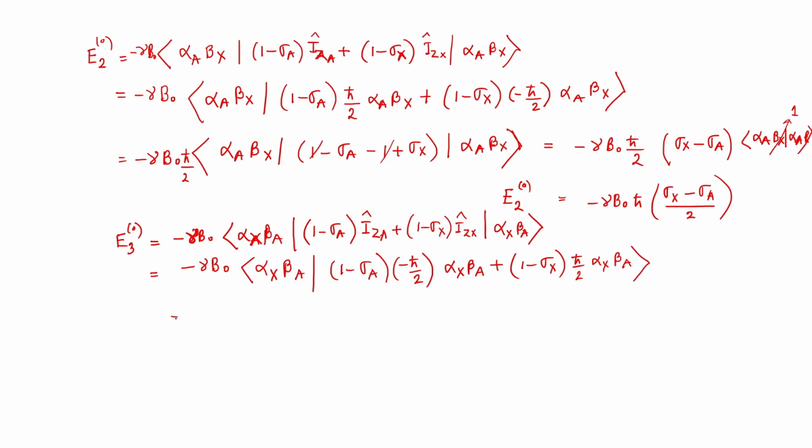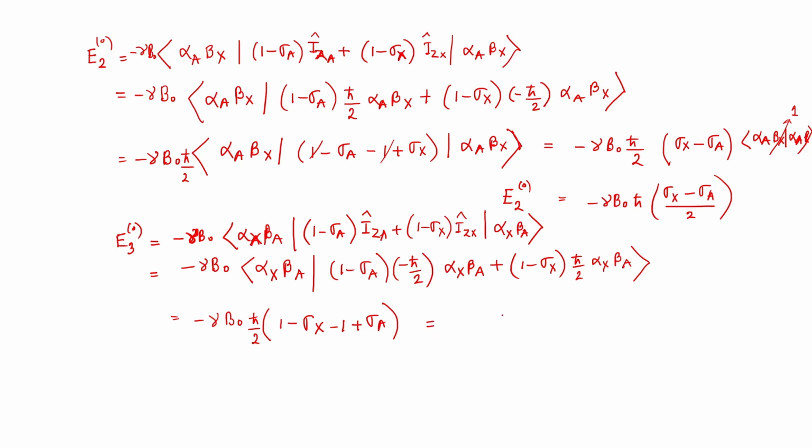Here we are going to get, so now I am going to ignore that bracket function, which is going to be normalized, right? So I'll only write h cut by 2 common, 1 minus sigma x, I will take this first because this is positive, then it is going to be minus 1 plus sigma A, right? Because there is a minus sign, and this is going to be anyway normalized.